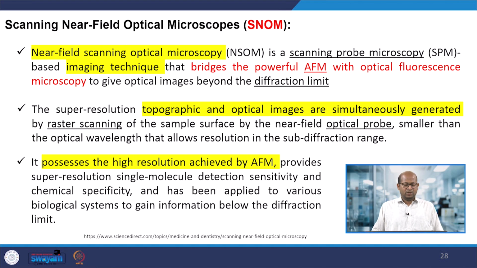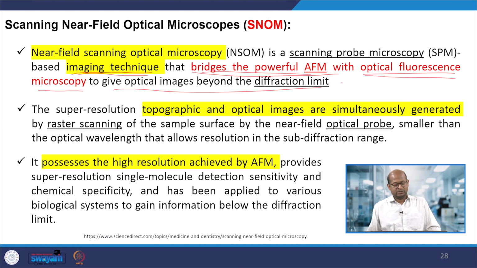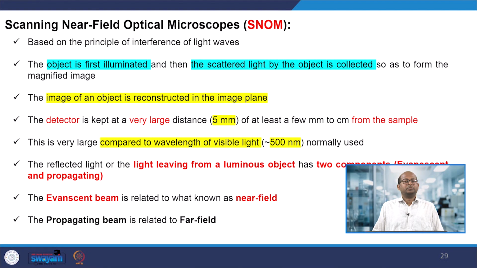Okay, so this we can see in the near field scanning optical microscope, which, as I already said, is an imaging technique that bridges the powerful AFMs with optical fluorescence microscopies and gives optical images beyond the diffraction limit. So the topography of the material and at the same time the optical image, both we can get simultaneously with the help of this SNOM microscope. Okay, it is much better than AFM.